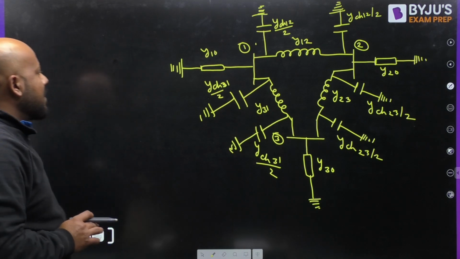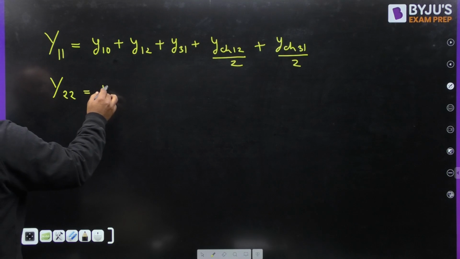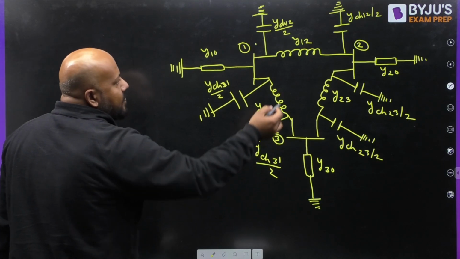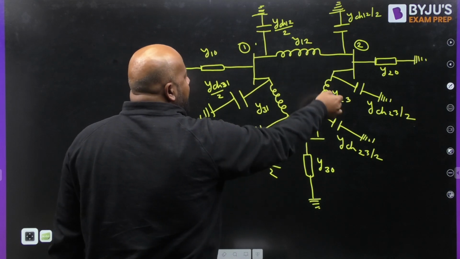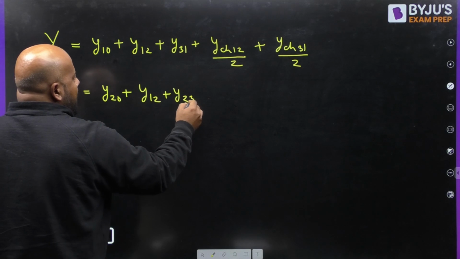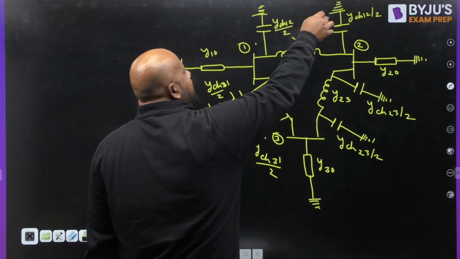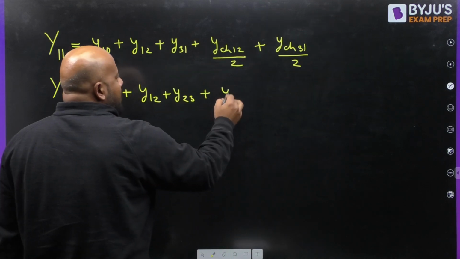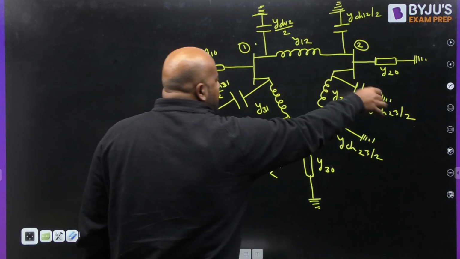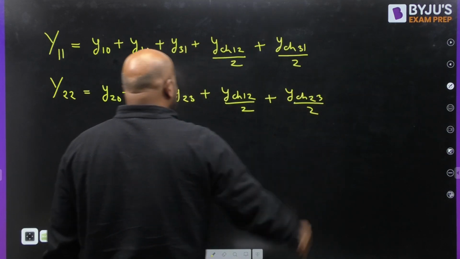So these are all the admittances, branch admittances, and whatever admittances directly connected to bus number 1, I have just added up. Can you tell me what is going to be Y22? Yes, Y20 shunt element. Then Y12, Y23, and the line charging capacitances. For bus number 2, it is going to be Y charging 1 2 by 2 plus Y charging 2 3 by 2.